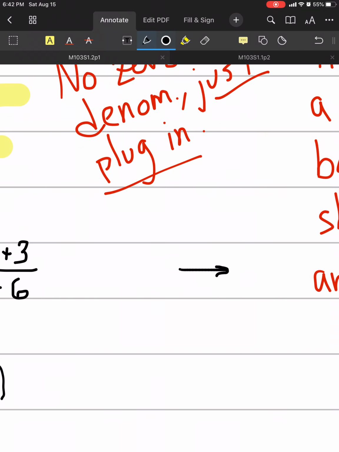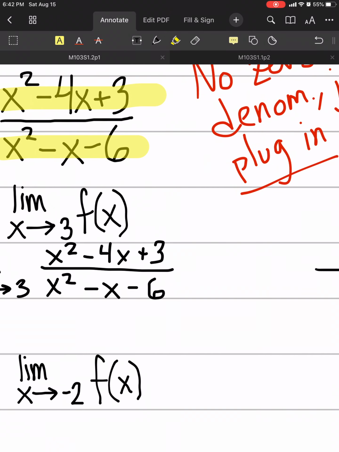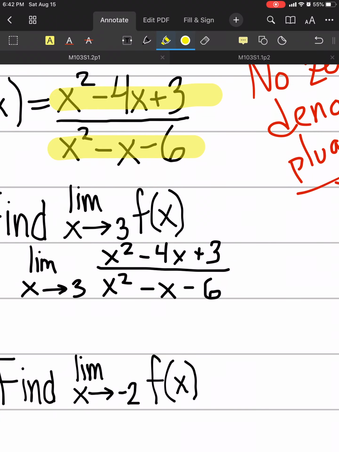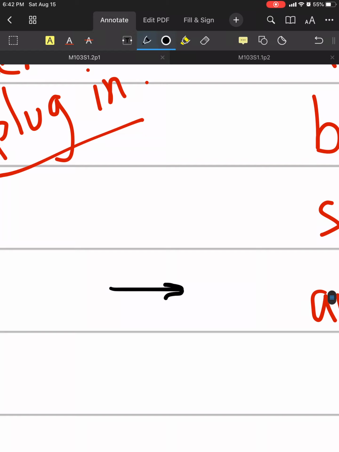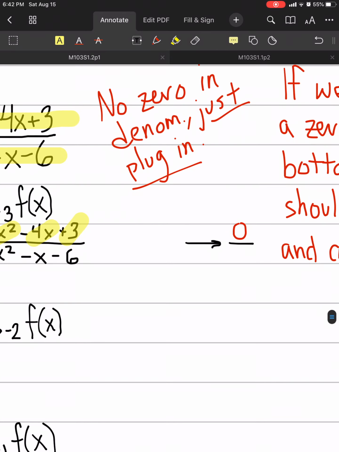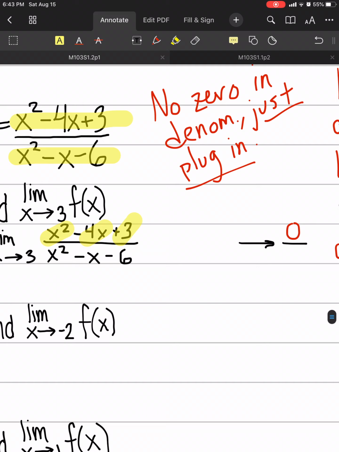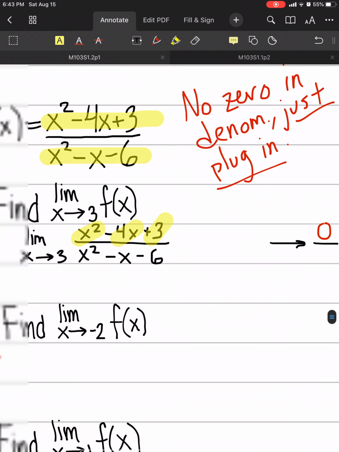So if we plug in 3 in the top here, we get 3 squared is 9, 4 times 3 is 12, so 9 minus 12 is negative 3, plus 3 is 0. So that would give us a 0 on top here. Now that's no problem just yet. 0 on top is okay, 0 on the bottom is a problem.